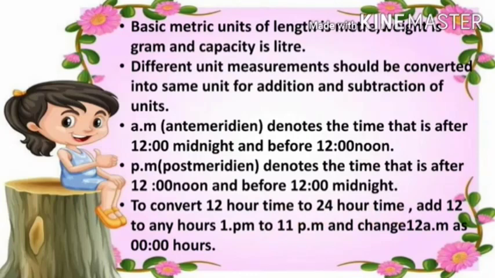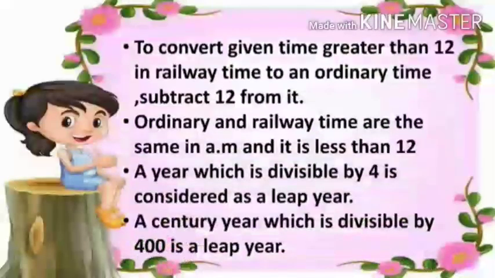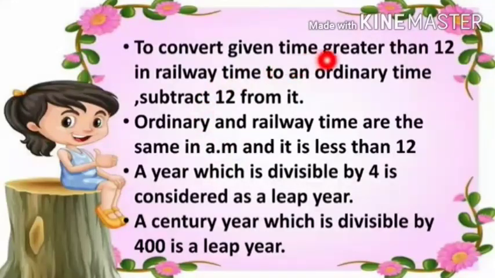To convert ordinary time into railway time, what do you have to do? Yes, you have to add 12 hours to that time. To convert a railway time greater than 12 into ordinary time, subtract 12 from it. Students, to convert railway time to ordinary time, what do you have to do? Yes, you have to subtract 12 from it. Ordinary and railway time are the same in AM, when it is less than 12.